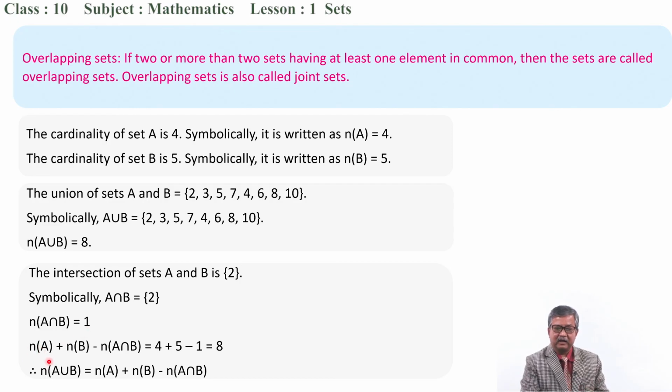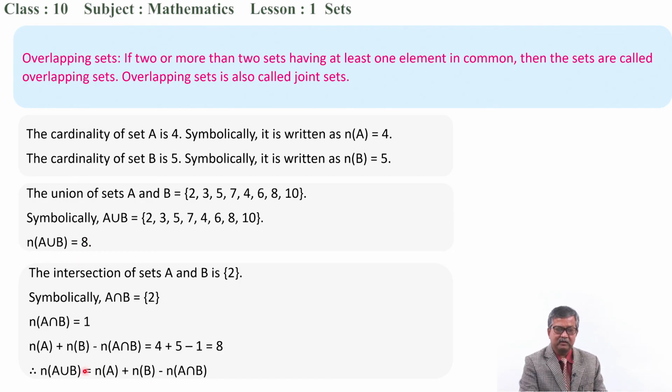And we can write cardinality of A plus cardinality of B minus cardinality of A intersection B is equal to 4 plus 5 minus 1, which is equal to 8. Because the number of elements in set A is 4, in set B is 5, and in the intersection A intersection B is 1. That's why altogether 8. So here it is 8, and the cardinality of A union B is also 8.